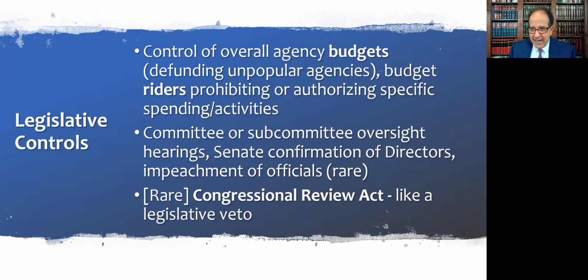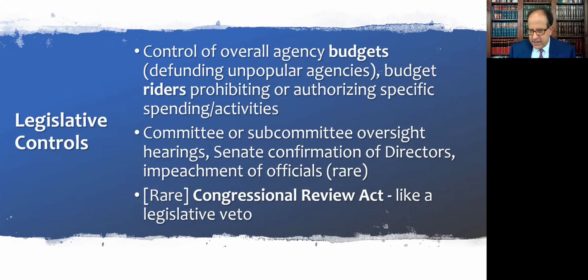But it does happen, and it's a way that the Senate can say no to someone who they think is really bad news or corrupt or too controversial. On very, very rare occasions, we could have impeachment by Congress of executive branch officials, not just the president, but people who are directing agencies who have committed crimes or are accused of corruption.